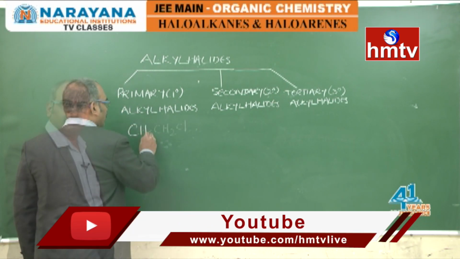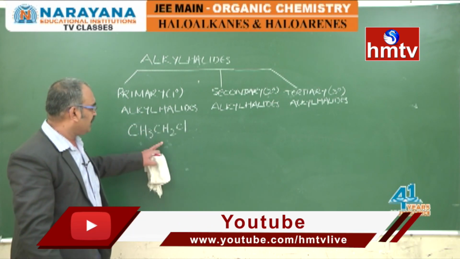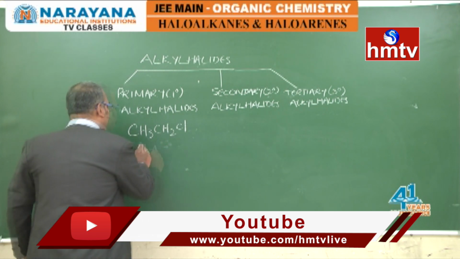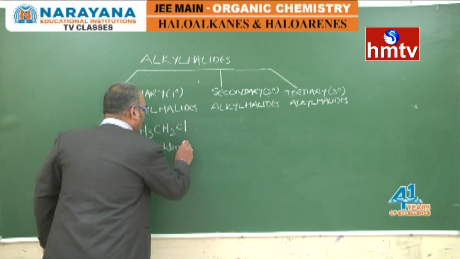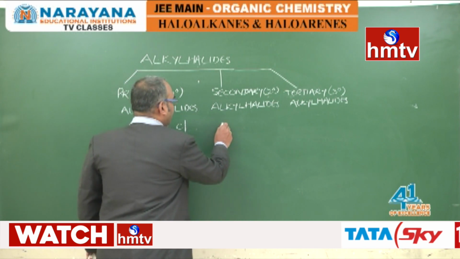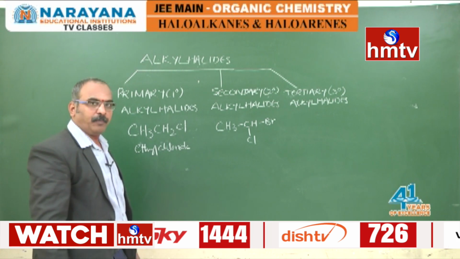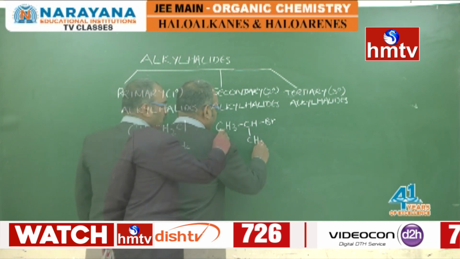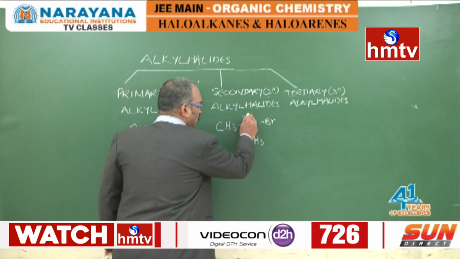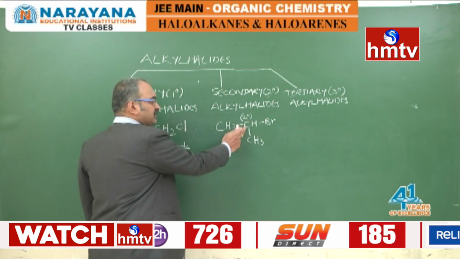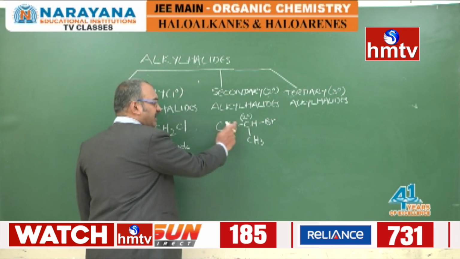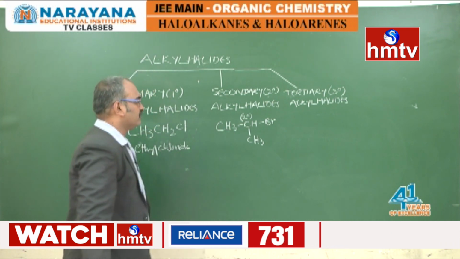The example is CH3CH2Cl, called ethyl chloride. In secondary alkyl halides, the example is isopropyl bromide, where the bromine atom is attached to a secondary carbon, meaning a carbon attached to two other carbon atoms.